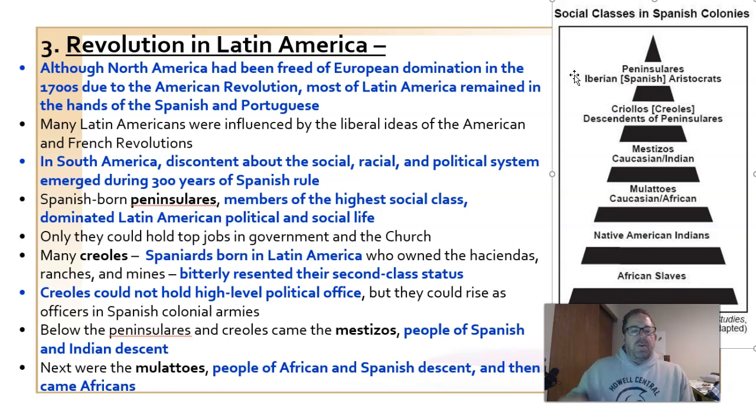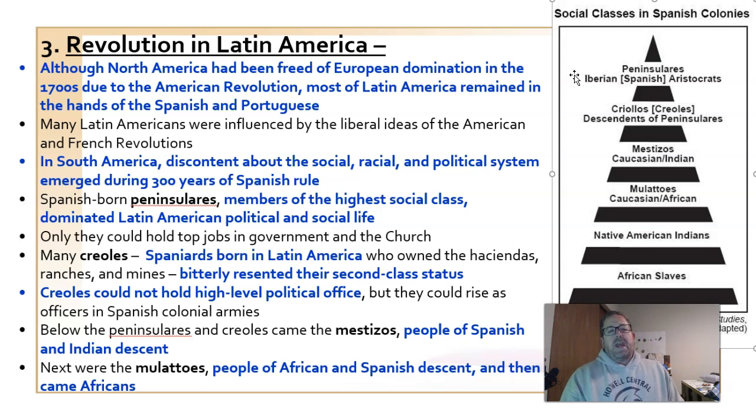And then just below them were what are known as the Creoles. These are full blooded Europeans, full blooded Spaniards, but really the only knock against them was that they were born in Latin America. That was seen as a mark against them. Many of these Creoles were educated in European universities, and they were well versed in a lot of the Enlightenment ideals.